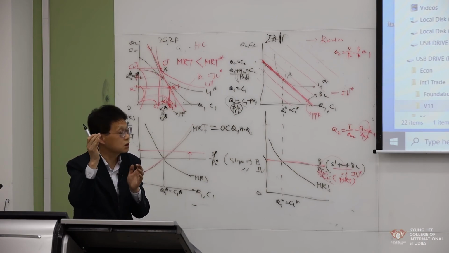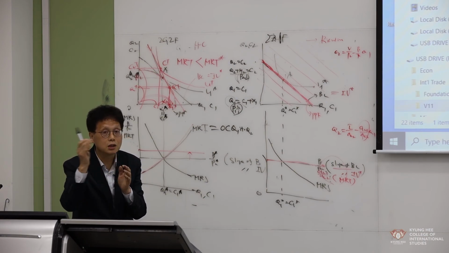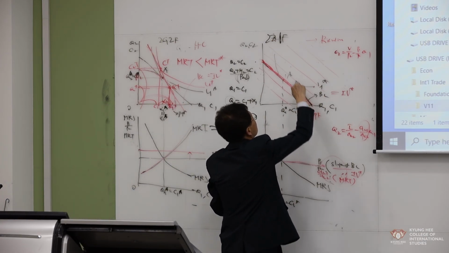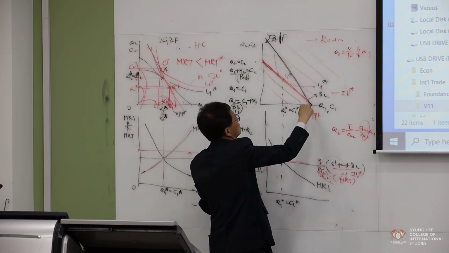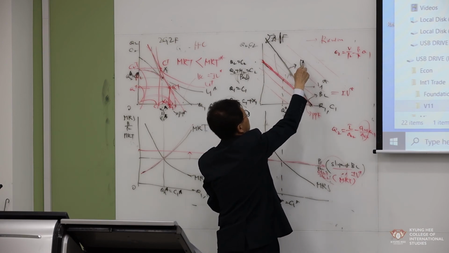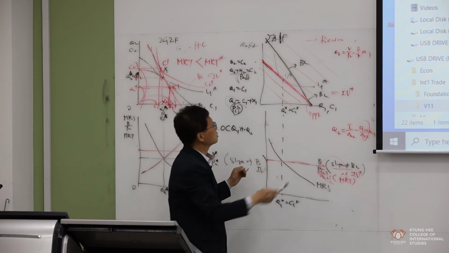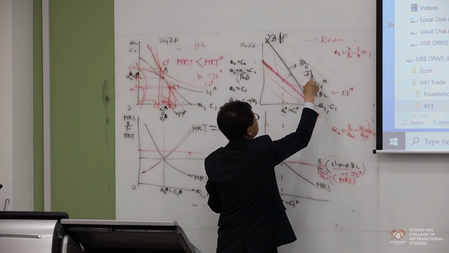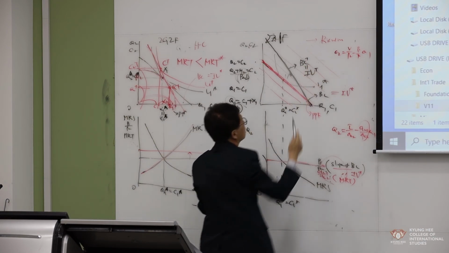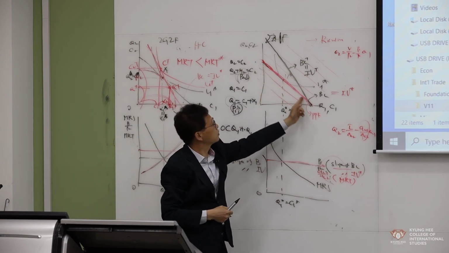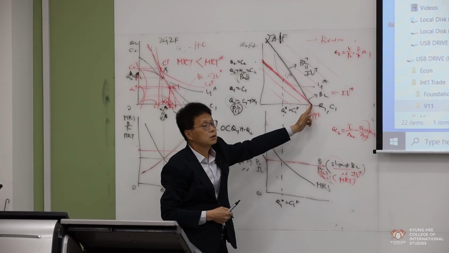P1 over P2 increases, so the slope of the iso-value line increases. So, like this, that is the budget constraint after trade. Also at the same time, the iso-value line after trade. But the production possibility frontier is like this.